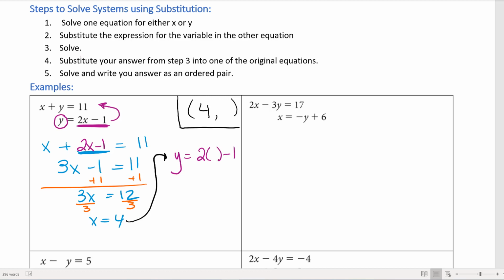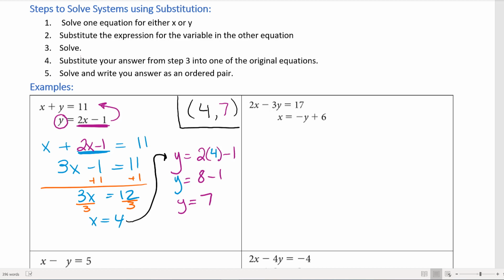So we have y equals 2x minus 1. But instead of the x, I'm going to erase the x and replace x with the 4 that I know x is equal to. So I have y is equal to 2 times 4 is 8, and 8 minus 1 is 7. So my answer is 4, 7.